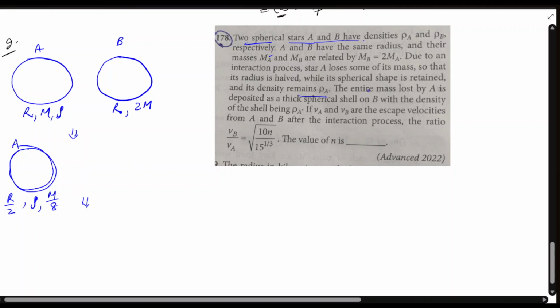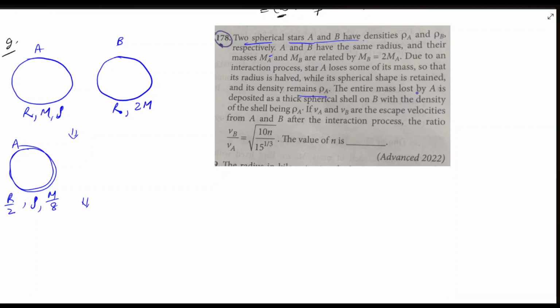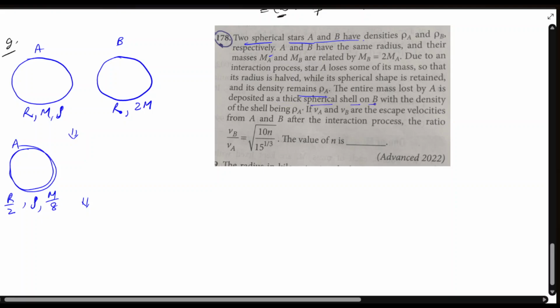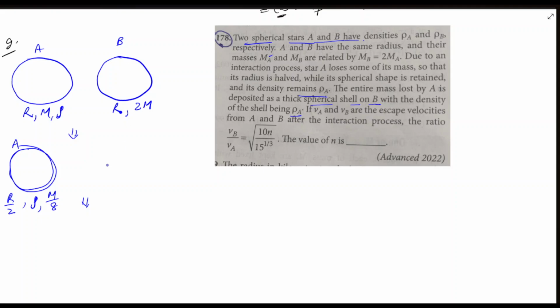And the entire mass lost by A is deposited as a thick spherical shell on B with the density rho. So what happens is this was our B, right? This mass which is lost from A is deposited around B like this, and the density of this part remains the same.